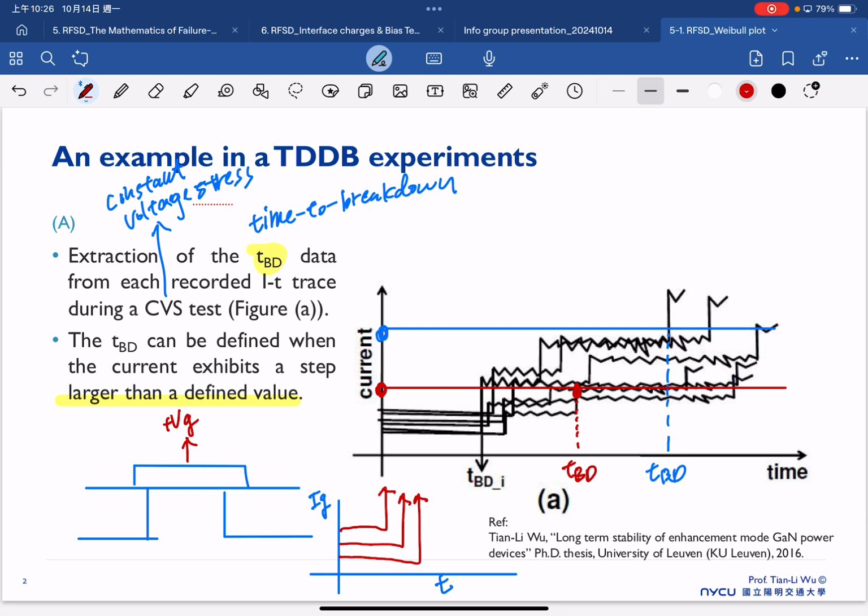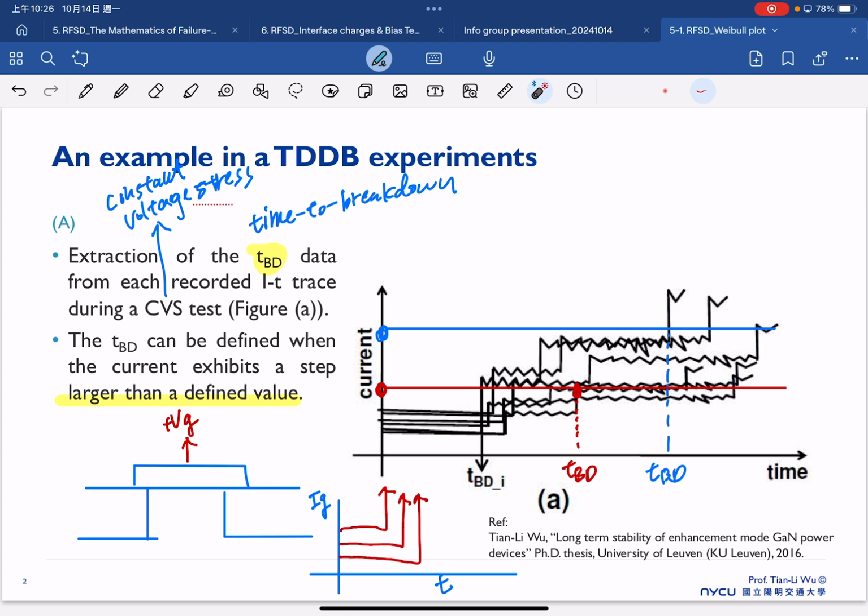So this is the first step. For doing the test, we will have this result, the current versus the time. But we first need to extrapolate the TBD, the time to breakdown, by using the criterion defined by yourself.